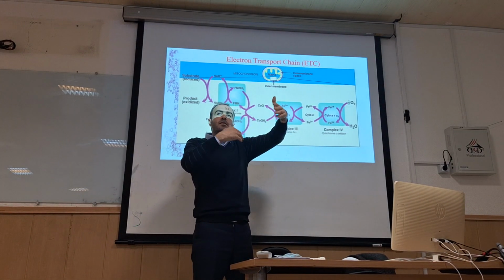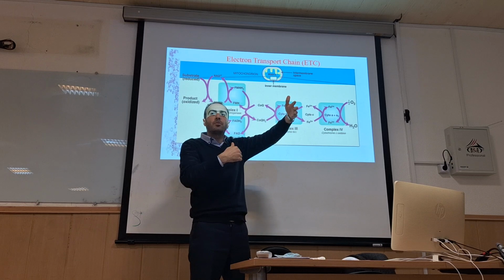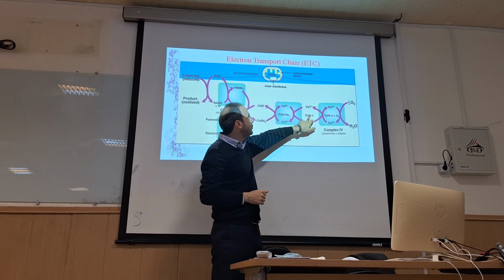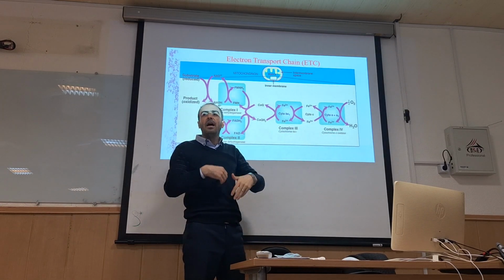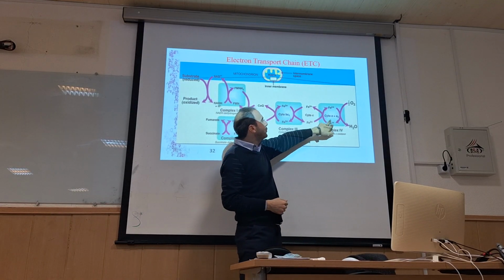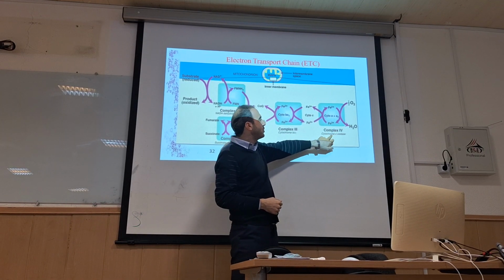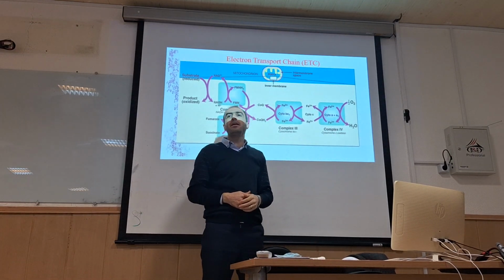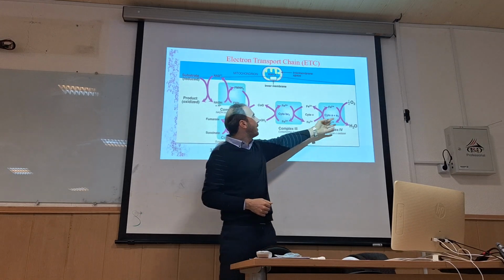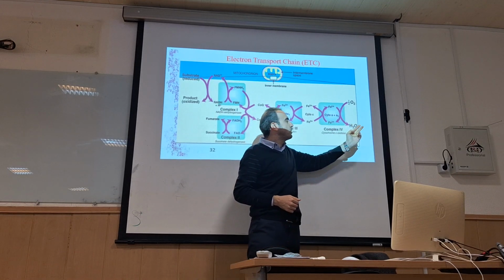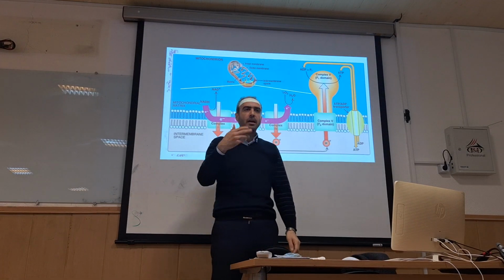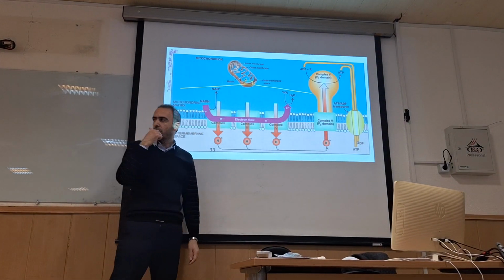Finally, after this redox center, they transport electron and proton together. They give electron to cytochrome C, and cytochrome C transfers to complex number 4, whose name is cytochrome C oxidase or cytochrome A oxidase. Finally, we use oxygen to produce H2O. Again, I will talk about it more and more.